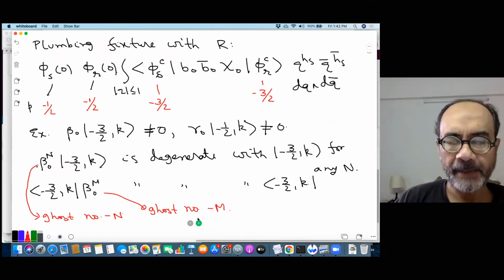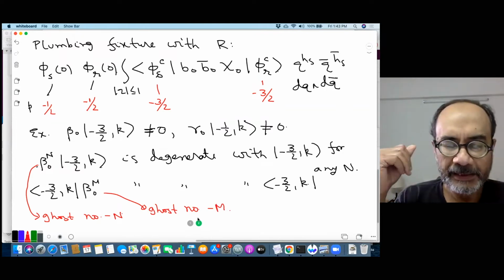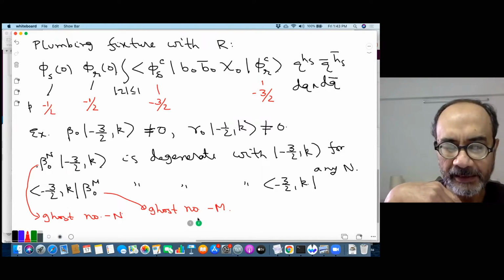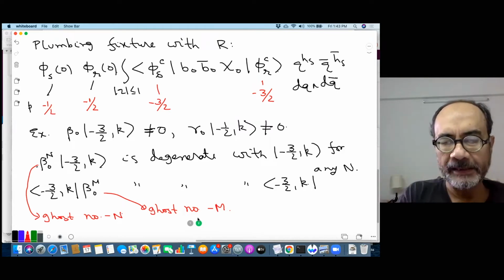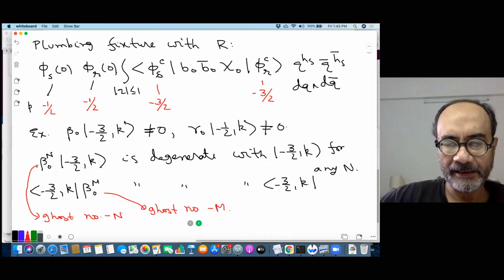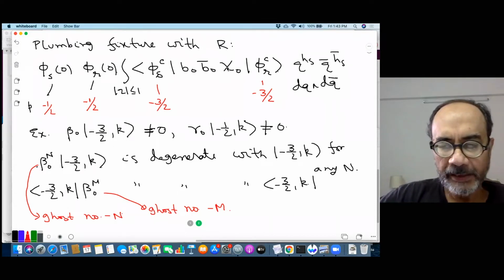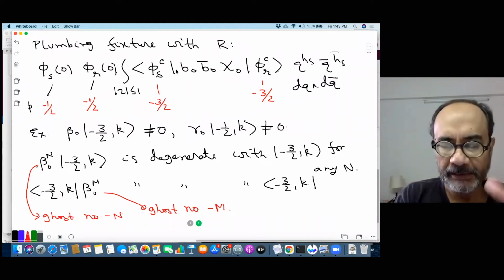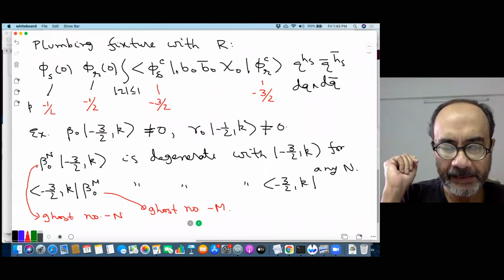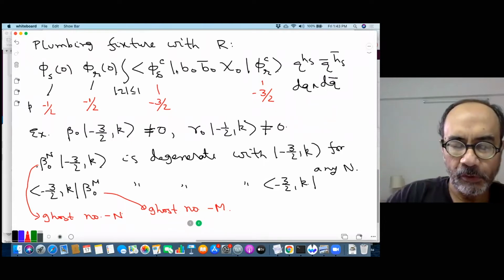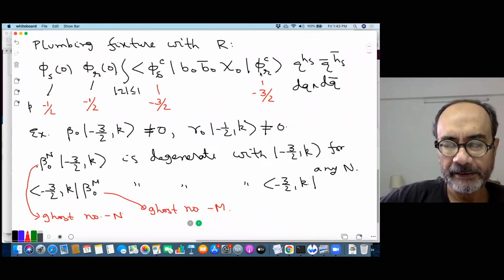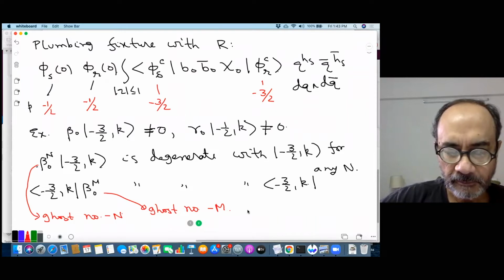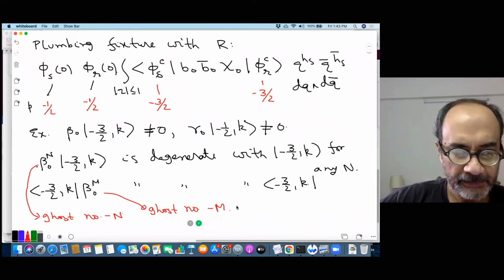So if you create states by beta 0, then the ghost numbers are reducing. But of course, we know that on a sphere, so this is the sphere correlation function, the total ghost number has to add up to 3 plus 3, 3 from the holomorphic, 3 from the anti-holomorphic sector. So if you pick basis states for which the ghost numbers are arbitrarily large and negative, they cannot get non-zero matrix element. So the matrix element will vanish.